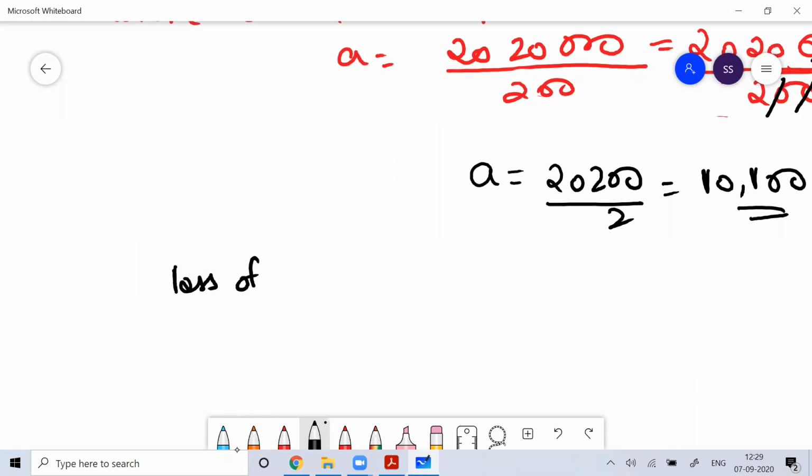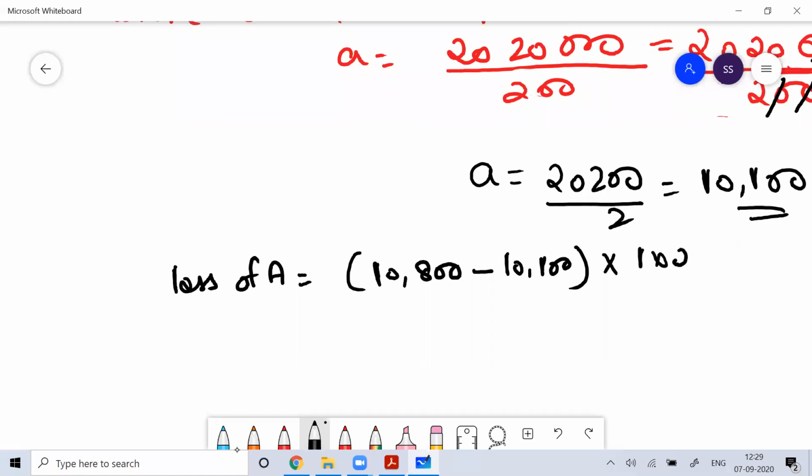The loss of A is basically 10,800, because that is the exercise price on the last Thursday of July, minus 10,100. He has taken one contract, and one contract means 200 Nifty.